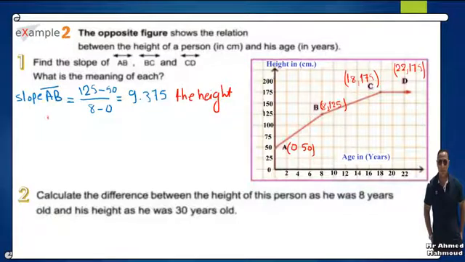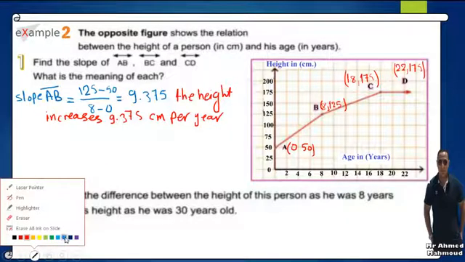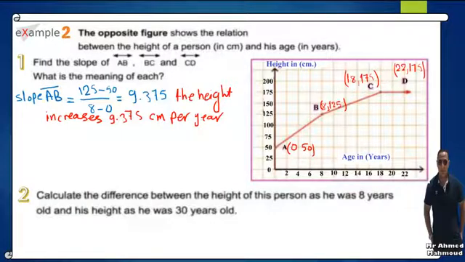The height increases 9.375 centimeters per year, or every year. That means this person's height increases 9.375 centimeters every year.